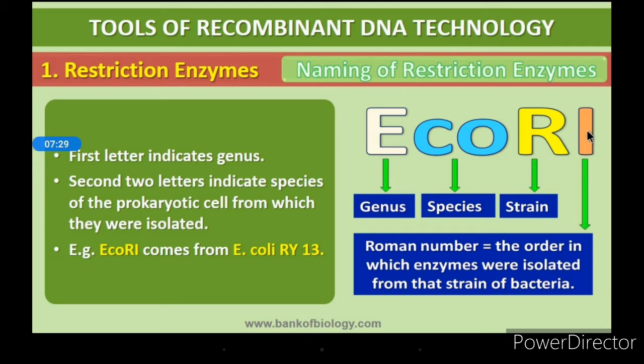And 1, the Roman number, indicates the order in which the enzymes were isolated. So here, this is the first one, that is why it is given 1. So the restriction enzyme will be represented like this, EcoR1.